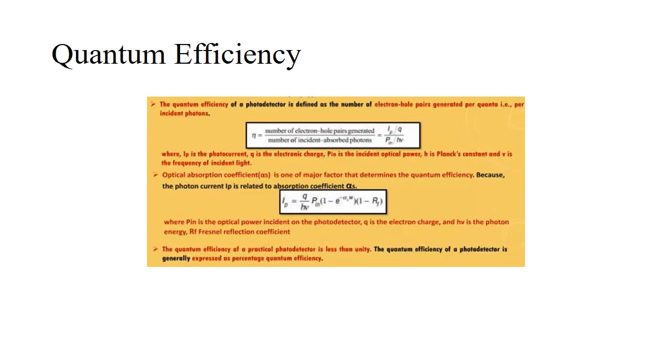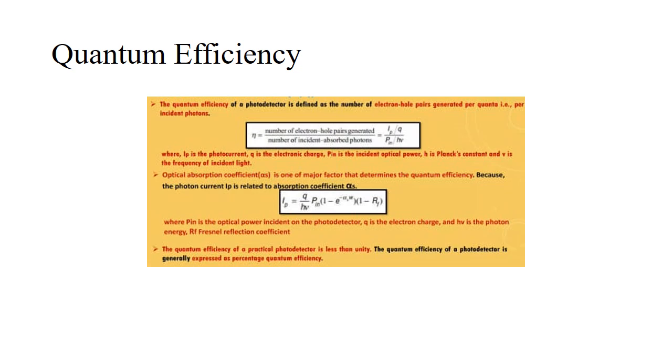In these photodetectors we have to find the quantum efficiency. So what is the quantum efficiency of a photodetector? It can be found using this formula: eta is equal to (IP divided by q) divided by (P_in divided by h nu), where IP is the photocurrent, q is the electronic charge, P_in is the incident optical power, h is the Planck's constant, and nu is the frequency of incident light.